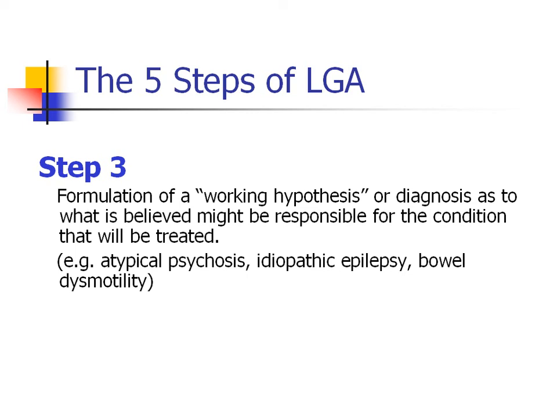There can be also seizures from drug toxicity and electrolyte imbalance, but that would be determined during the baseline period. Or if you're talking about the problem of constipation, bowel dysmotility may be your diagnosis. So depending upon the symptom or condition, you should have a diagnosis which justifies the treatment that you will select.